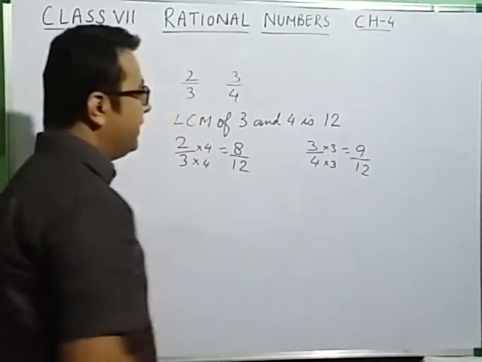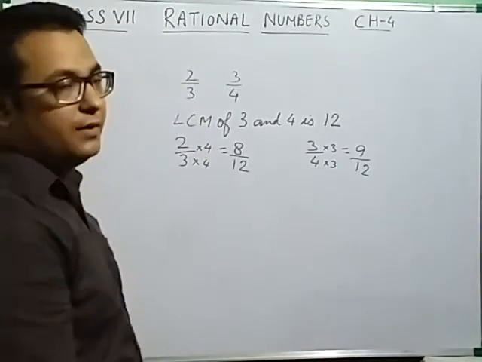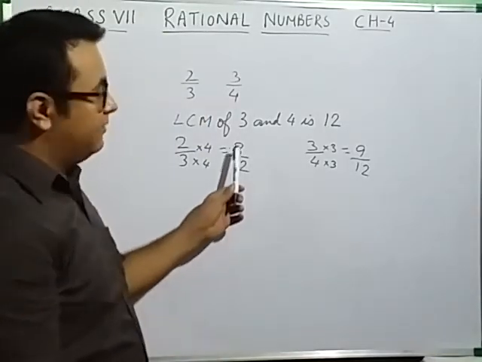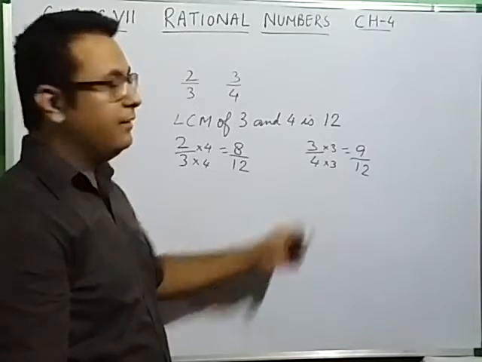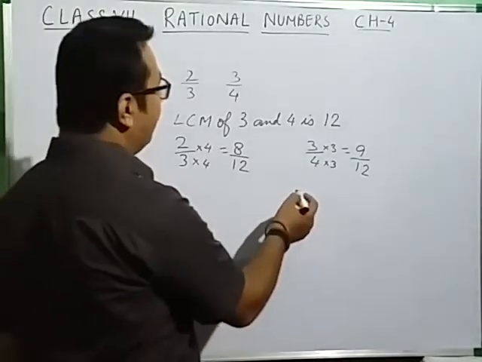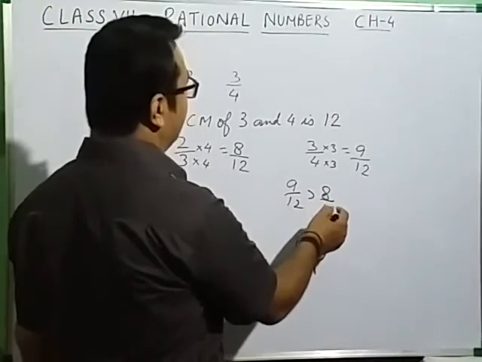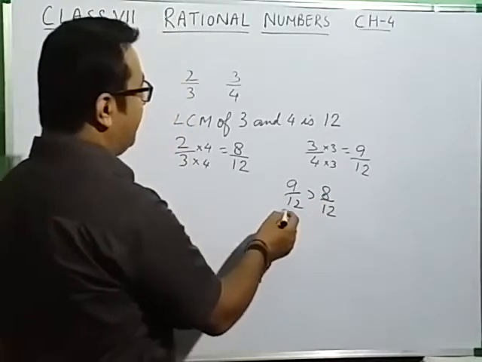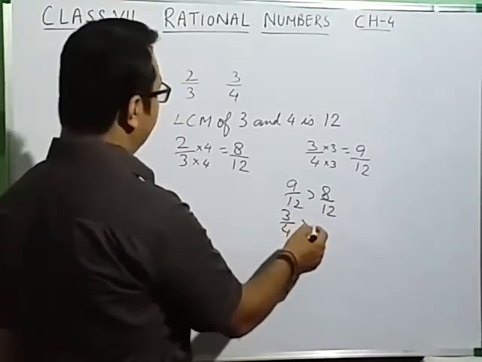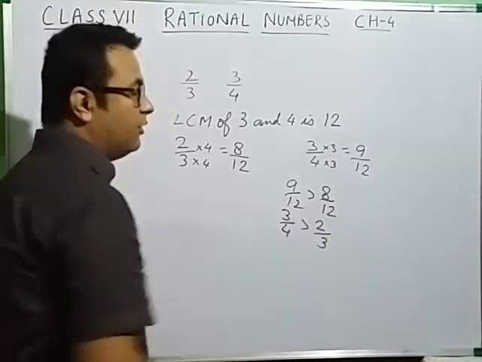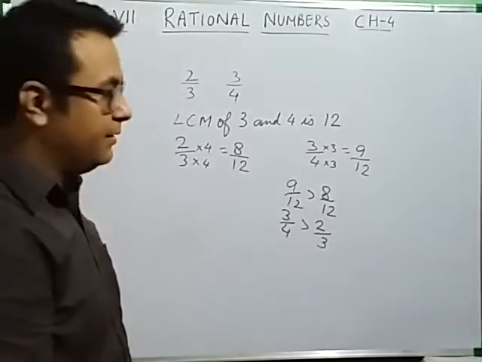So which is greater, 8 upon 12 or 9 upon 12? 9. So 9 upon 12 is greater than 8 upon 12, or 3 upon 4 will be greater than 2 upon 3. This is how we compare two rational numbers.